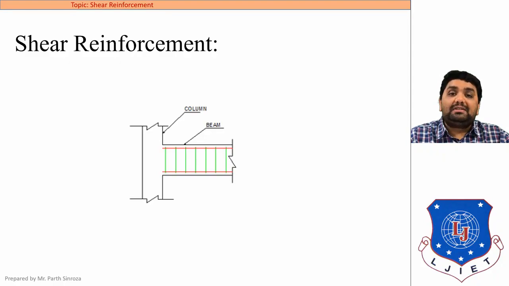And to resist the shear forces that are acting in the beam, we always need to provide this shear reinforcement. So in this topic we will be discussing what the stirrups are, what they are made of, and basically what spacing we need to provide to withstand the shear force that is acting on the beam.